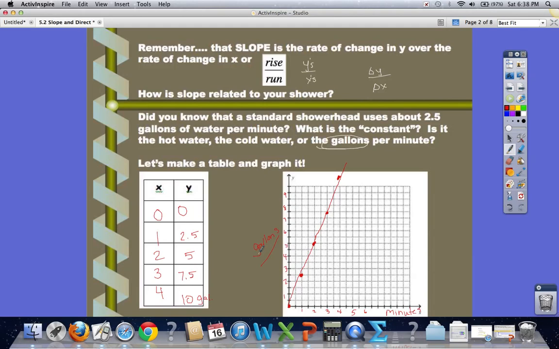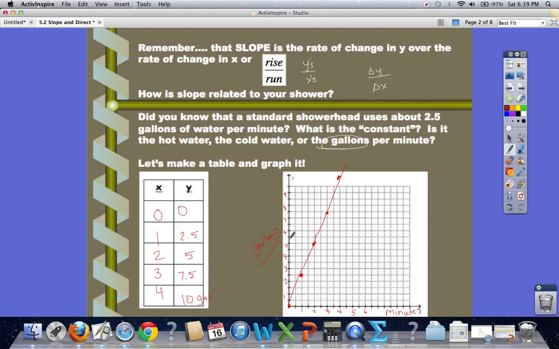All right, and that's pretty consistent because every minute it's doing the same amount of changes in the x value and changes in the y's. Okay, so every time it goes up 2.5 gallons, it's going over 1. 2.5 and over going 1.